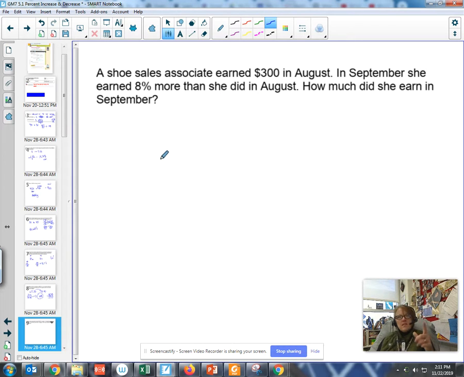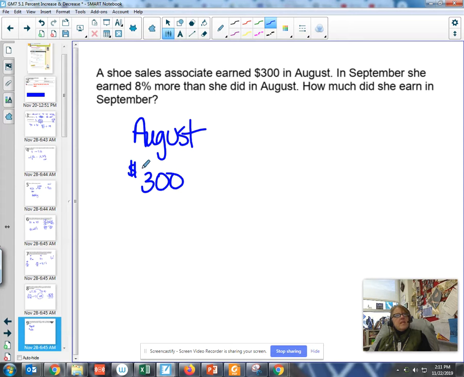Oh, wait. This is a little different now. So I'm reading this. A shoe sales associate earned $300 in August. So here's August. We get $300. Okay. In September, best month ever, she earned 8% more than she did in August.